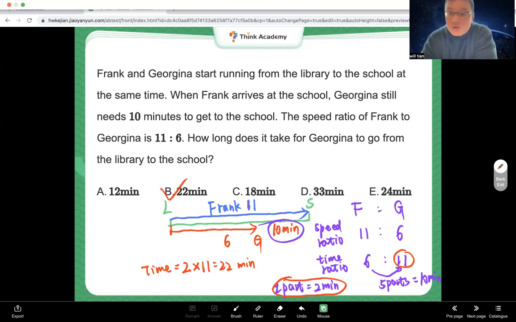The question asks how long it takes for Georgina to go from the library to school. The time in the ratio is 11 parts, and one part is 2 minutes. So you do 2 times 11. That gives you the total time, so that'll be 22 minutes. That's why.